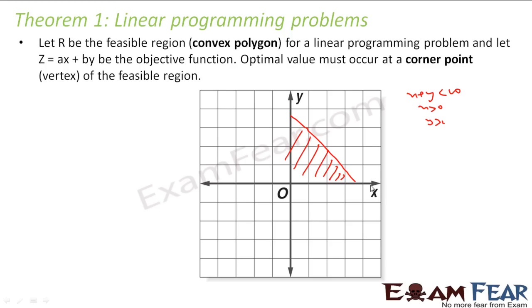Let's assume this point is 10 and this is also 10. In that case, the theorem says optimal values occur at the corner points. So here the corner points are this, this, and this. One of these will give you the optimal, that is the maximum or minimum value.